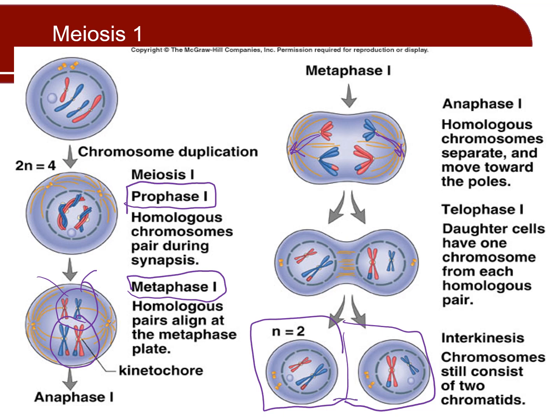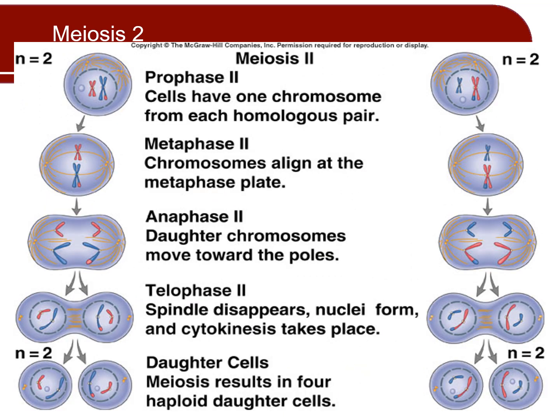Then these 2 daughter cells at the end of meiosis 1 will both go to meiosis 2. So here's one of the daughter cells, and here's the other daughter cell entering into meiosis 2. In meiosis 2, they go through those same 4 rounds: prophase 2, metaphase 2, anaphase 2, telophase 2.